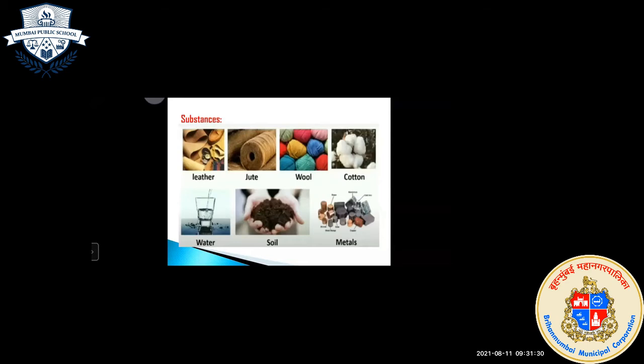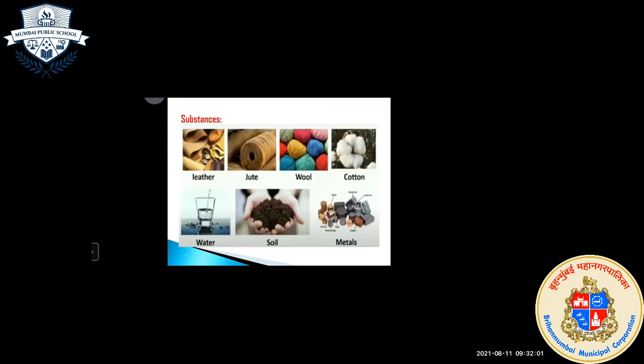Now again, see here, this leather, jute, wool, cotton, water, soil, metal, all are natural substances. But if we go in depth a little more, you can see that leather, jute, wool and cotton we are getting from living things. And water, soil and metals we are getting from non-living things.